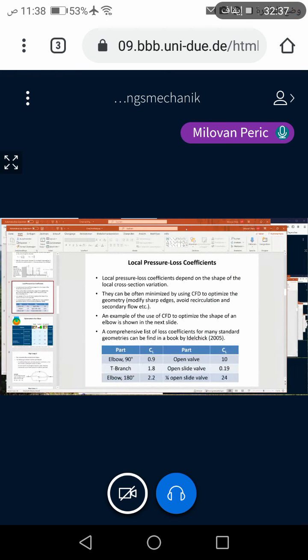The usual valve has pipe on the left, pipe on the right, and then in the middle is a complicated shape with a conical thing that goes and closes the valve. So the flow around this valve is very complex, and it has a large resistance even if it's open, because the flow has to go around this valve body.